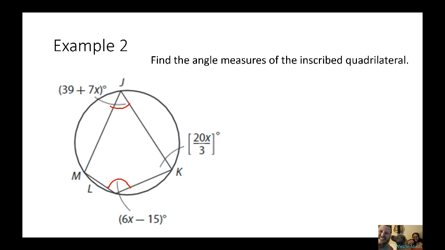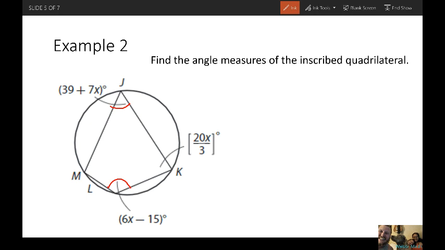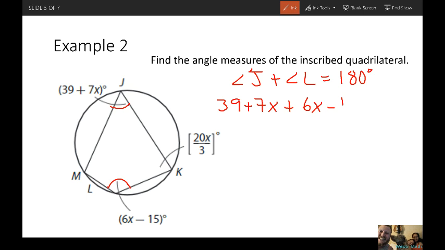So I'll tell you what, I'll go ahead and do this one for you. We'll do example 2, you'll do example 3. So again, angle J plus angle L add up to 180. That's the theorem. So angle J is going to be 39 plus 7x plus angle L, which is 6x minus 15.